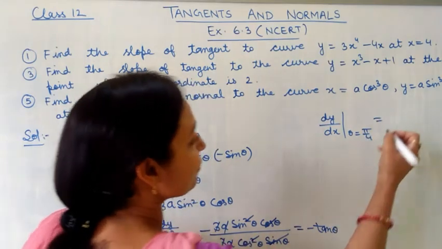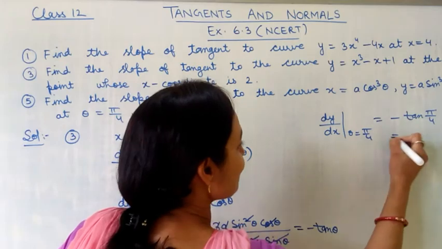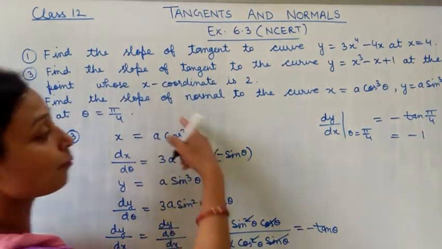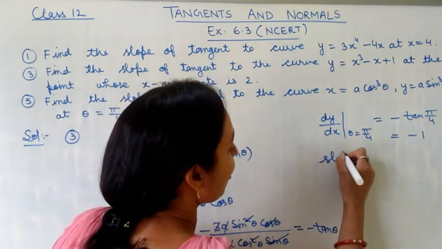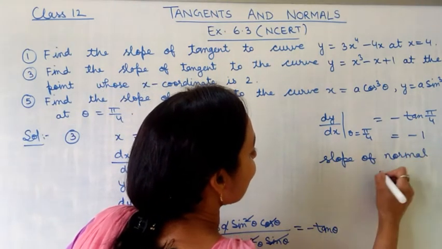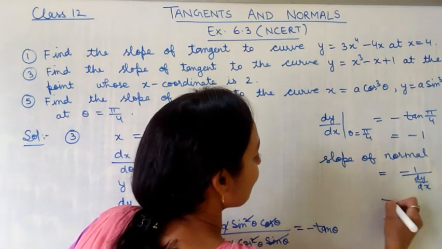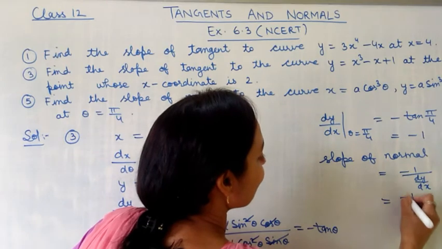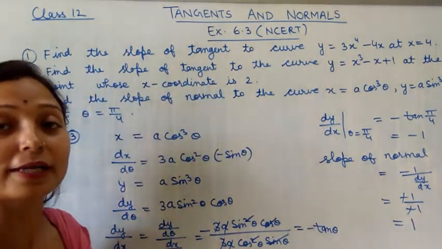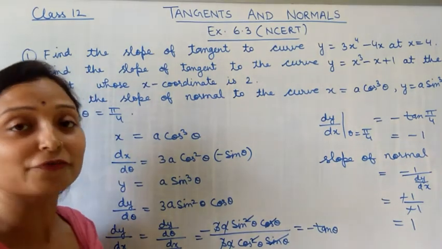I will put the value minus tan pi by 4. That is equals to minus 1. But you have to find the slope of the normal. Slope of normal is equals to minus 1 upon dy upon dx, that is m. So I will take negative 1, these both are cancelled, we will get 1. So this is the way to find the slope of the normal and the slope of the tangent.